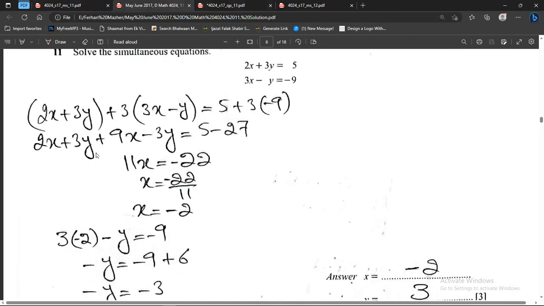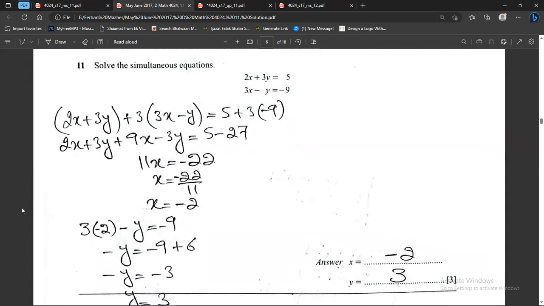So here you go. We will multiply the second equation with the 3, and then we will add both the equations. The left side will be added into the left side, and the right side will be added into the right side. So you will have bracket 2x plus 3y bracket close plus 3 bracket 3x minus y bracket close equals 5 plus 3 bracket minus 9 bracket close.